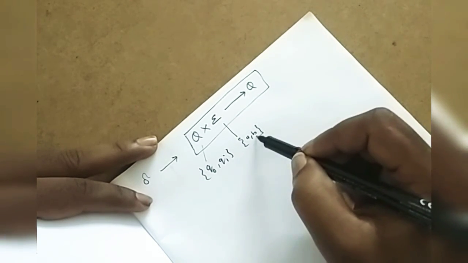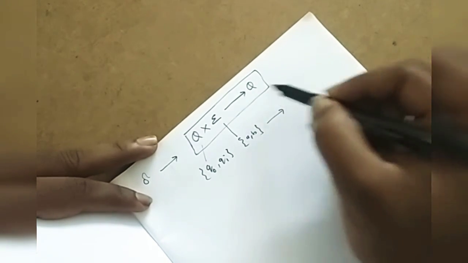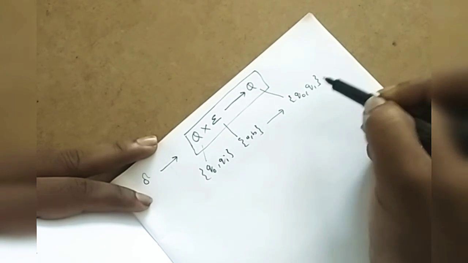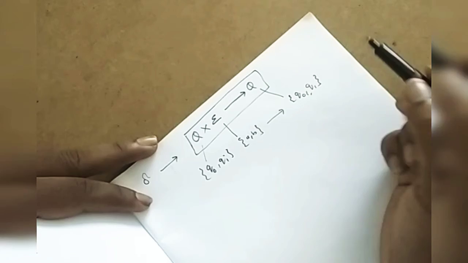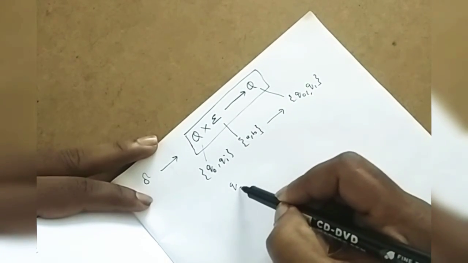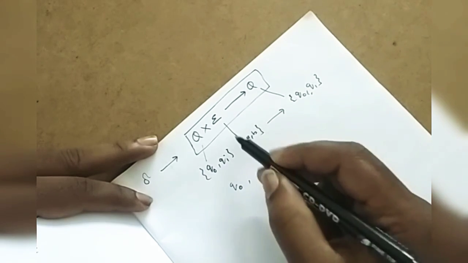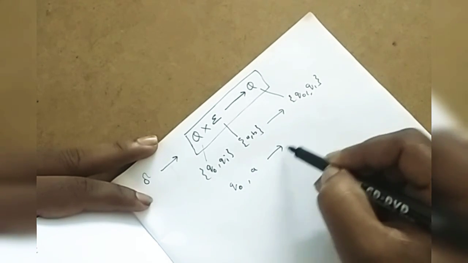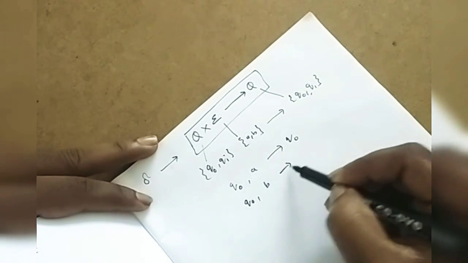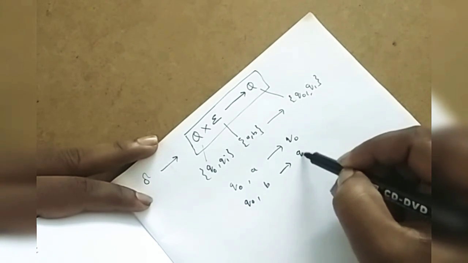If you apply this input in this state, you go to one of the states in the DFA. It is very simple. If you are in Q0 and take symbol A, you go somewhere, Q0 or Q1.